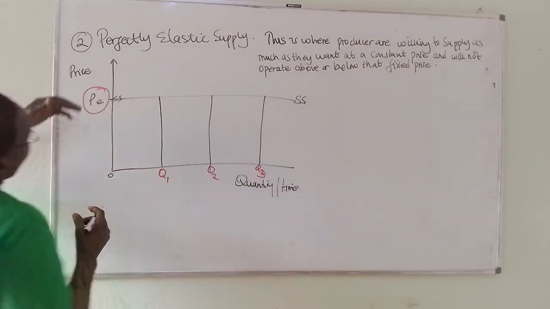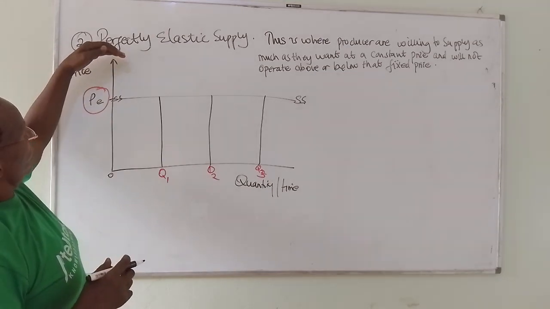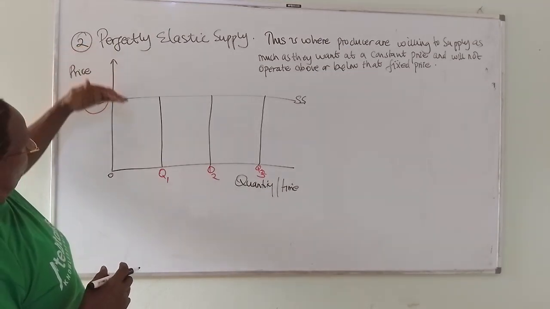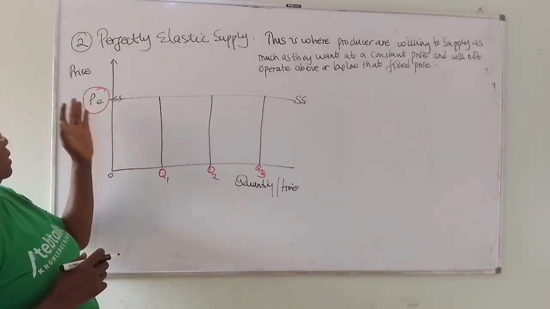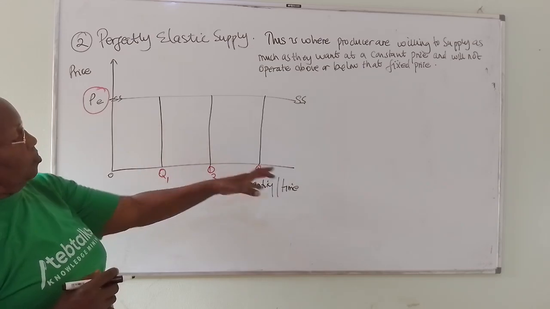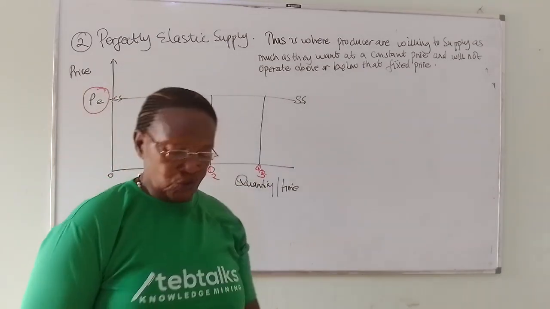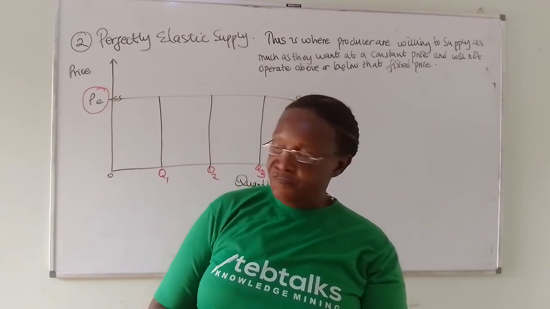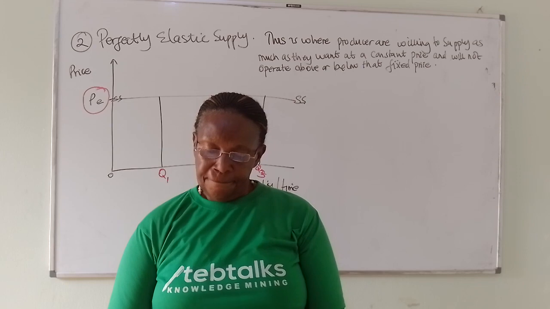So there is no way they can operate at a price which is higher than PE. There is no way they can operate at a price which is below PE. So that is the price which is already set, and we find that they have their freedom either to supply a small quantity or a bigger quantity, and they are not influenced by the price whatsoever. So price has no effect whatsoever on their supply.